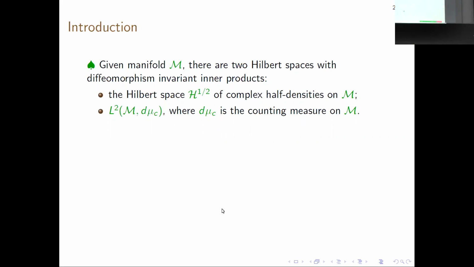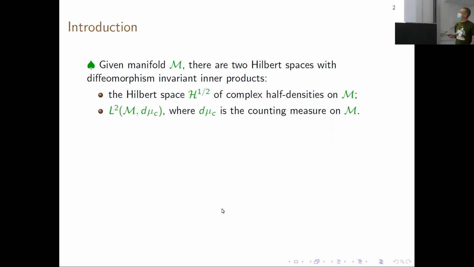Given a manifold, there are at least two Hilbert spaces equipped with a Diffeomorphism invariant inner product. One of them is the Hilbert space of complex half-densities on M. We know that such a density can be integrated over the manifold in a Diffeomorphism invariant manner.